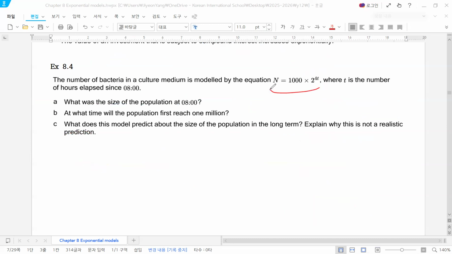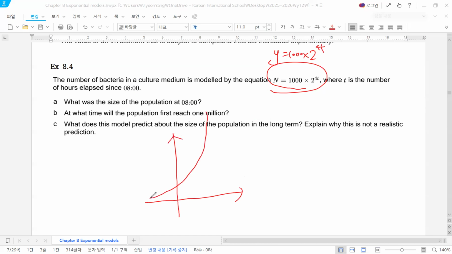So since the function of this model is y equals 1,000 times 2 to the power of 4t, an exponential graph, do you remember the shape of an exponential graph? It was like this, right? So in the long term, as time goes by, the number of bacteria is increasing infinitely.